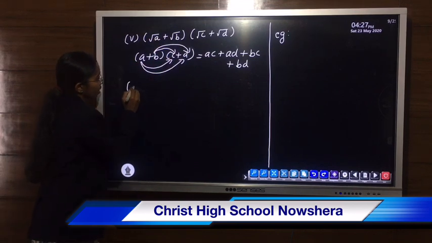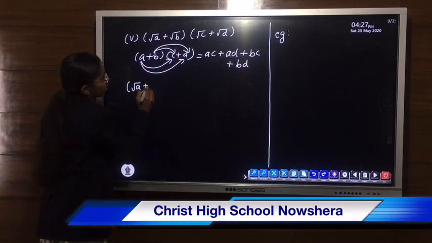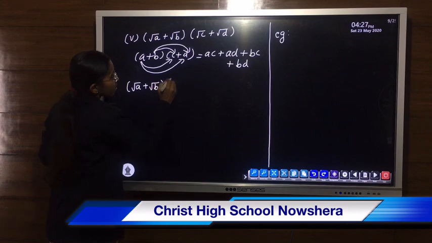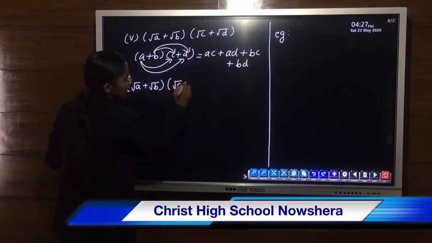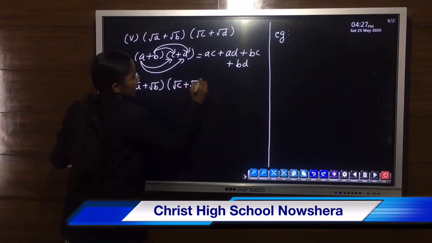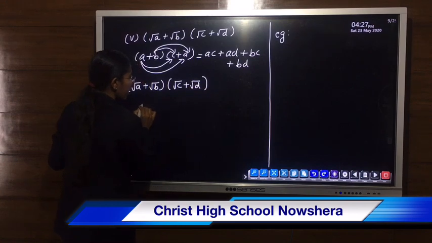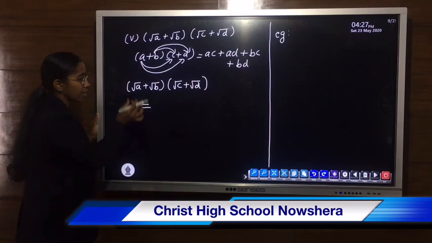What is our question? Root a plus root b into root c plus root d equal to, first we are taking this root a.